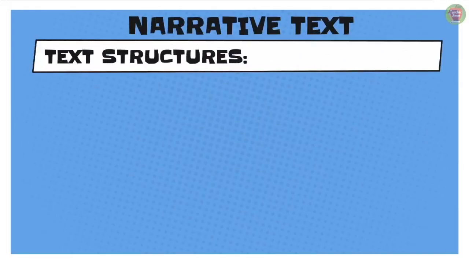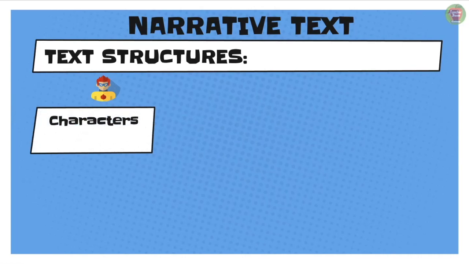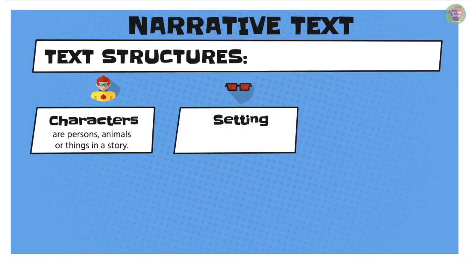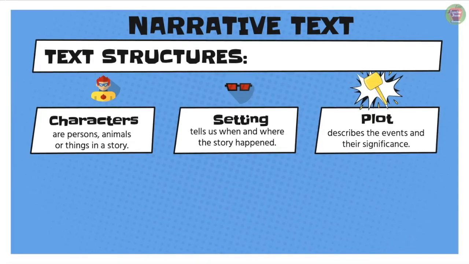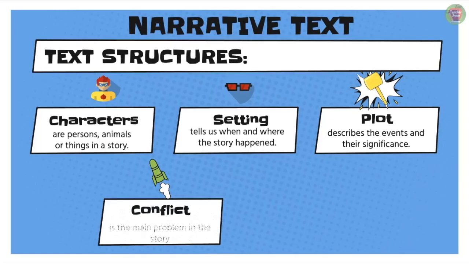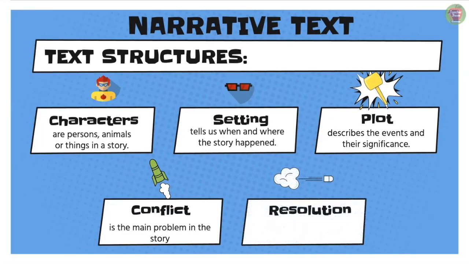The text structures of the narrative text types are: there are characters, who are the persons, animals, or things in a story. Setting, which tells us when and where the story happened. The plot describes the events and their significance. The conflict is the main problem in the story, and the resolution is the conclusion or the end of the story.